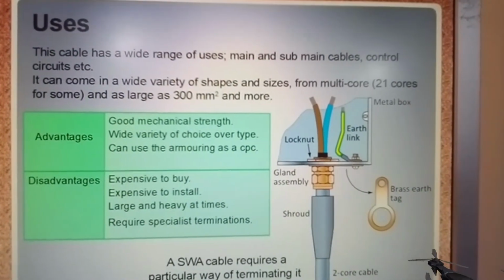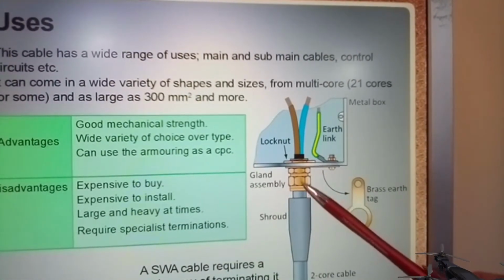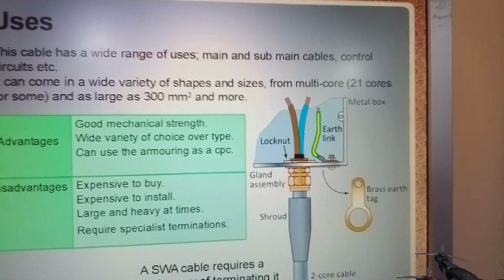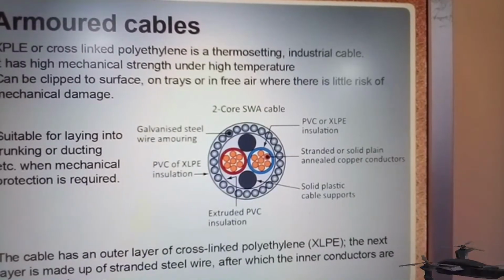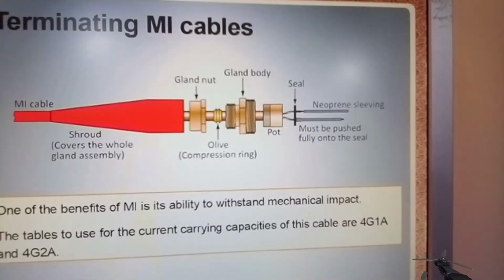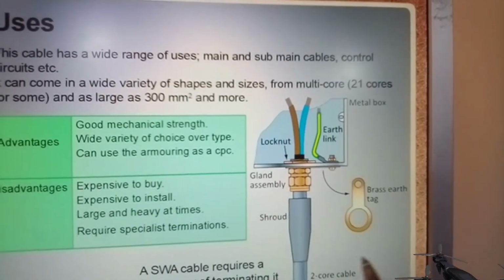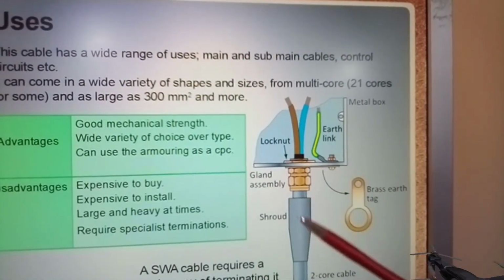And usage. Now here is how you will connect your MICC cable, okay. It's secured now. Sorry, let me just go back. Sorry, my apologies. Here's how we secure our armored steel wired cable, okay?